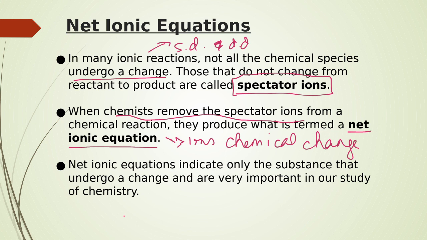Net ionic equations indicate only the substance that undergoes a change, so the change in state that will happen. They are important to know because you'll see them a lot. Many times we'll simplify reactions down to a net ionic equation to remove these ions that don't do anything.